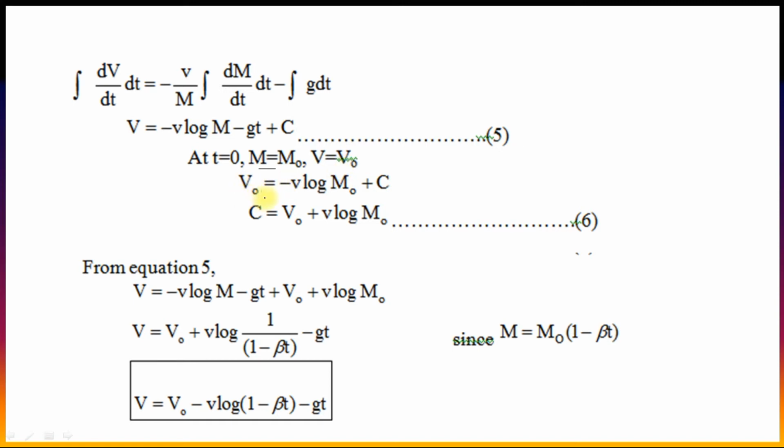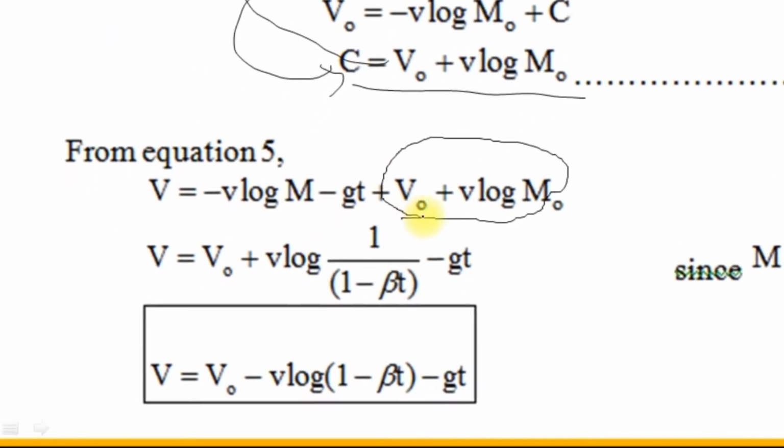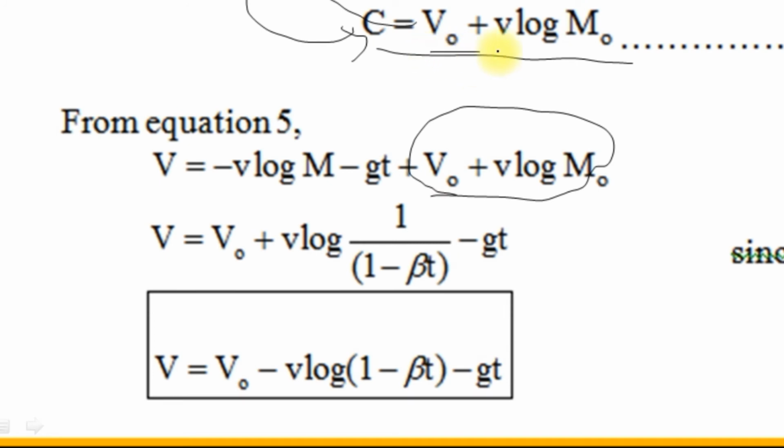Now v naught is equal to minus v log m naught plus c. This is the constant of integration c, and its value is derived here. Substituting the value of c in equation 5, we will get v is equal to minus v log m minus gt plus v naught plus v log m naught. So this is the value of c that we have taken from here.